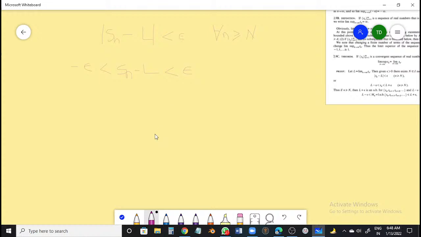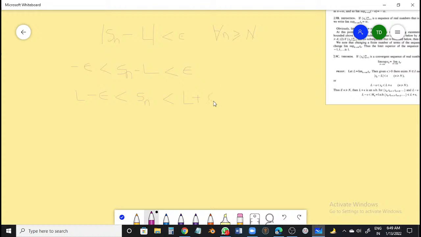This is what we have. Now let us add L throughout so that we will be talking only about Sn. So if I add L throughout, what do I get? L minus epsilon less than Sn less than L plus epsilon.